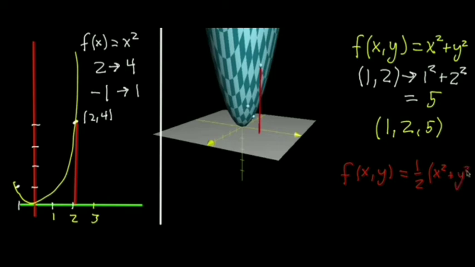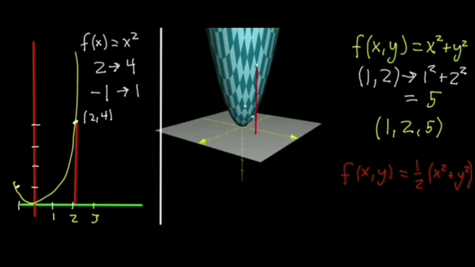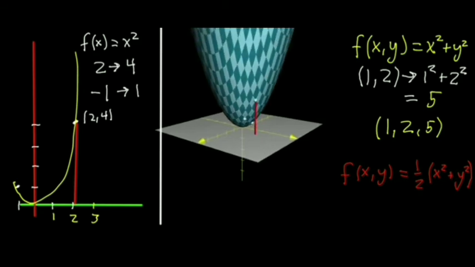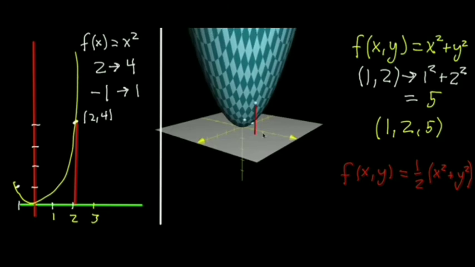What's going to be the shape of the graph for that function? The height of every point above the xy plane is going to get cut in half. It's a modification of what we already have, but everything sloops on down to about half of what it was. So instead of that height being 5, it would be 2.5.